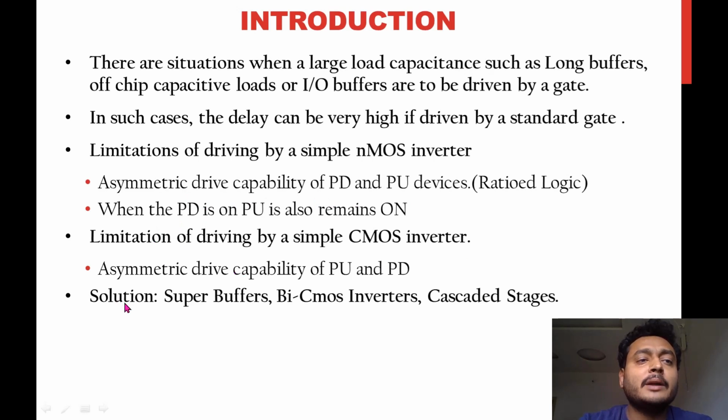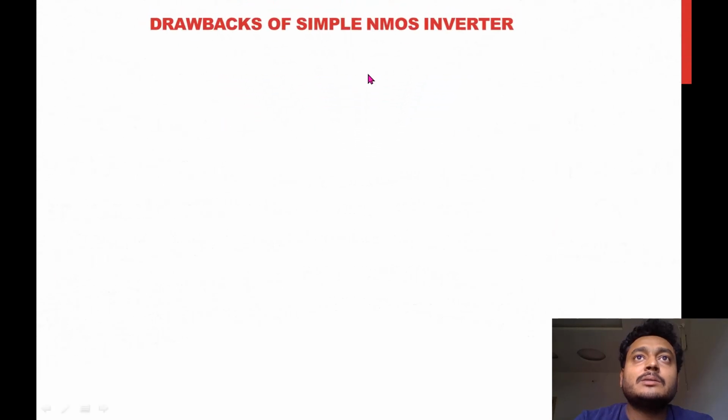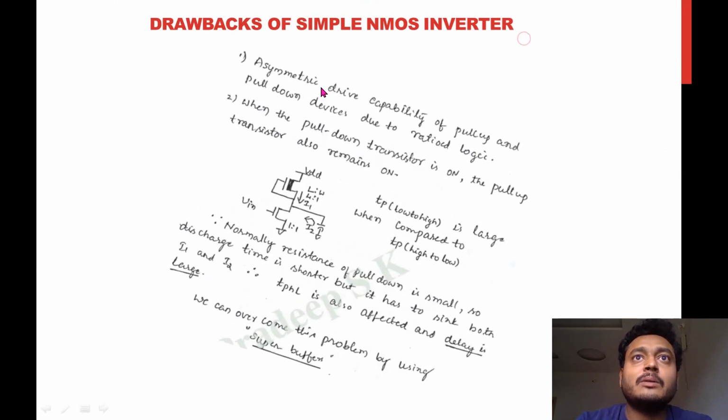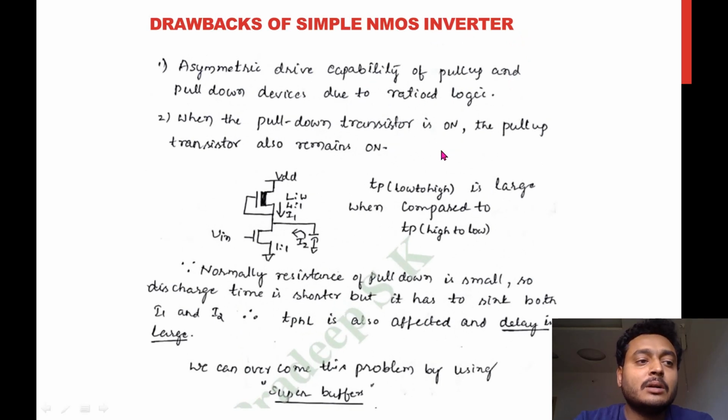This can be overcome by using super buffers, BiCMOS inverters and cascade stages as drivers. Before going to the other concept, we'll see the drawbacks of the NMOS inverter.